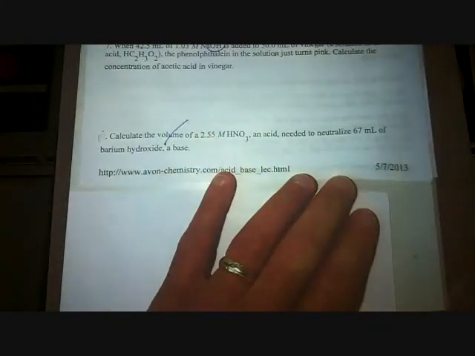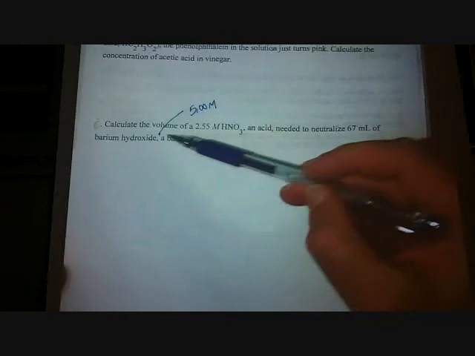Let's say it's 5.0 molarity of the base, because you have to have 3 of the 4. Okay, so here's our addendum. 5.0. This one you're working on your own.